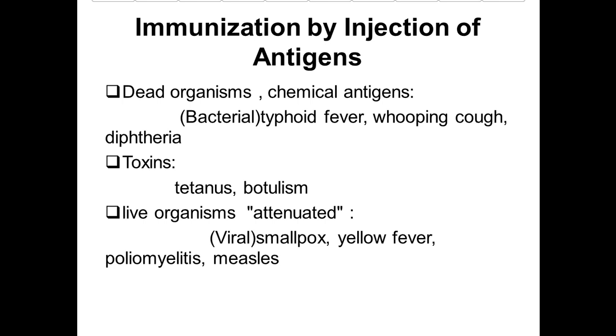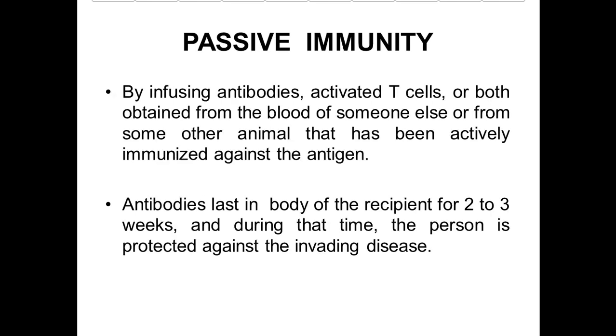The other way of immunization is by toxins, tetanus or botulinum, and there are live attenuated organisms. The examples are smallpox, yellow fever, poliomyelitis, measles. So these are the different ways of inducing immunization by injection of antigens.